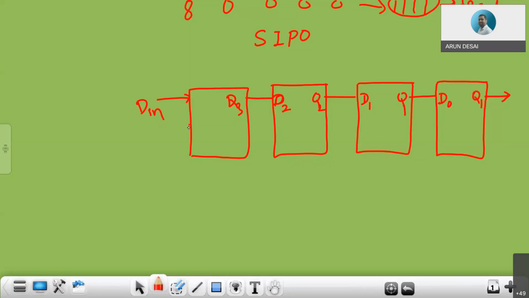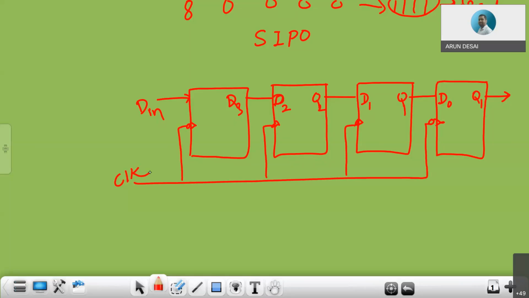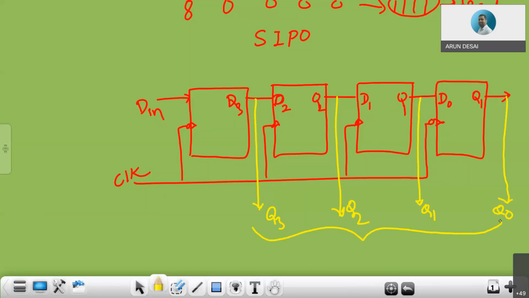This is how data is entered. Clock pulse is passed like this, and then the arrangement of data that gets out is: this is my Q3, this is Q2, Q1, and Q0, right? So you can have data out in this fashion.